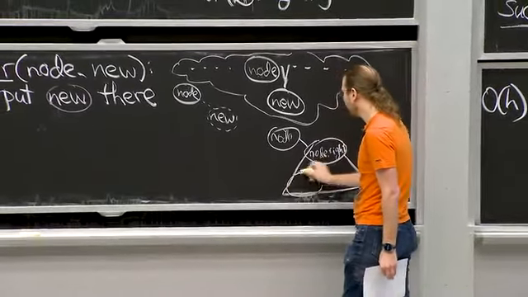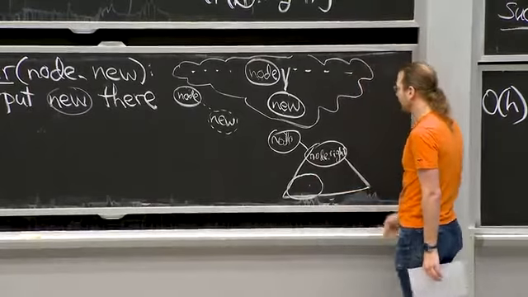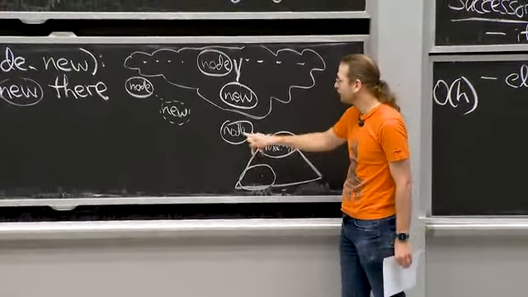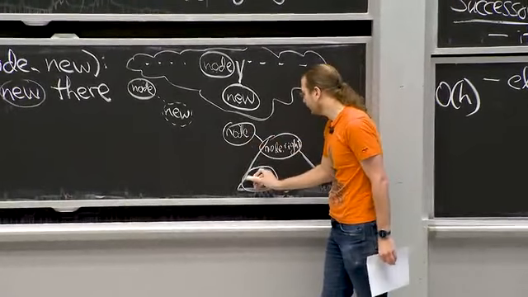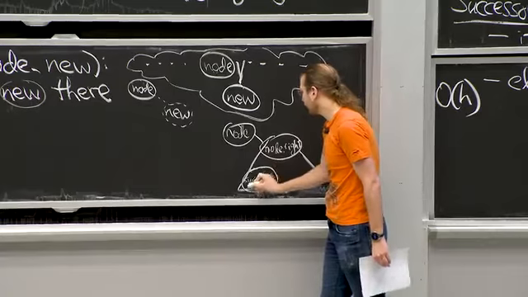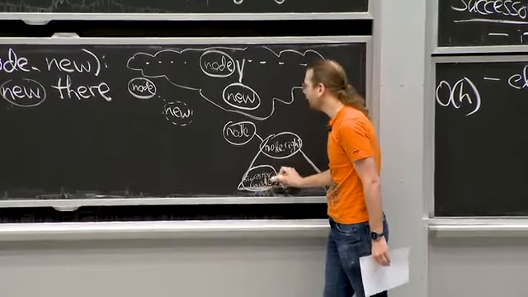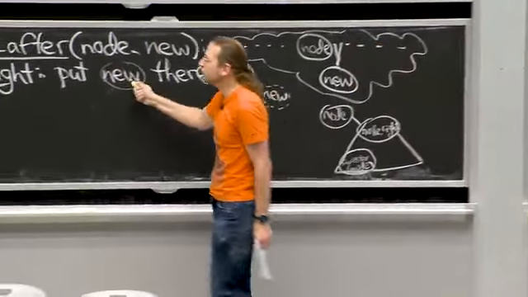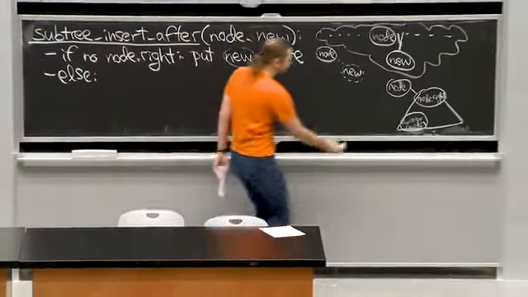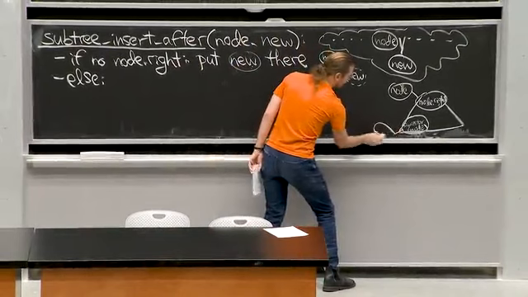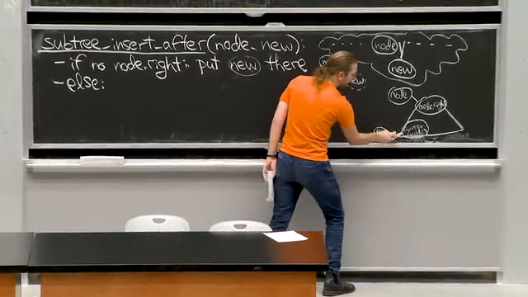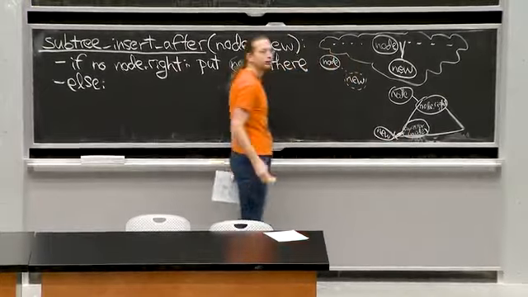There's this one, which is the first node in the traversal order of the subtree, also known as the successor of node. So I'll call this successor of node in the current traversal order. But of course, we'd like to make new the new successor of the node. So where does it go? Here. We want to add it as a left child to the old successor.